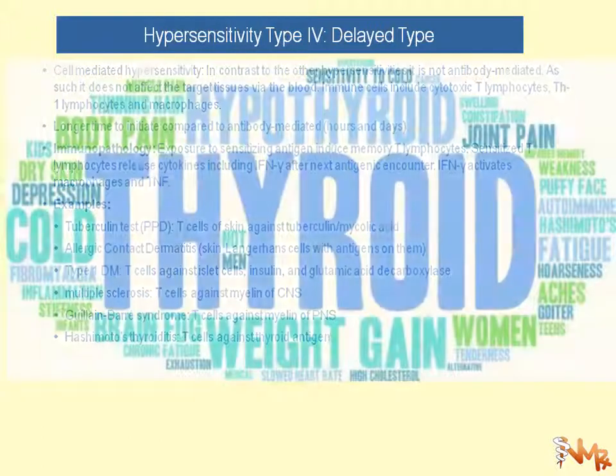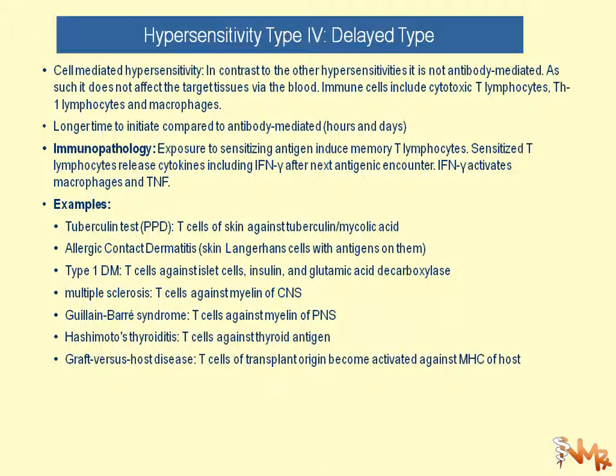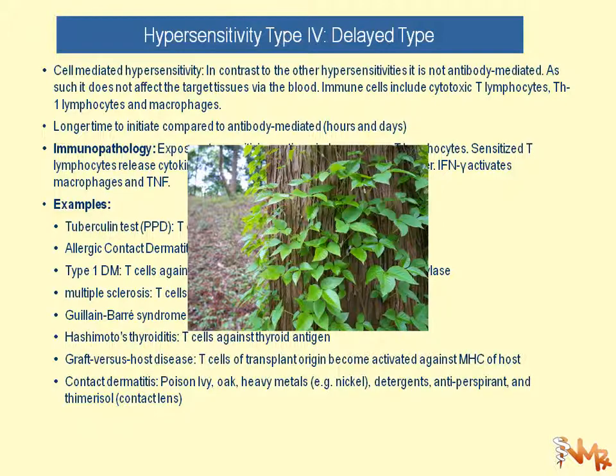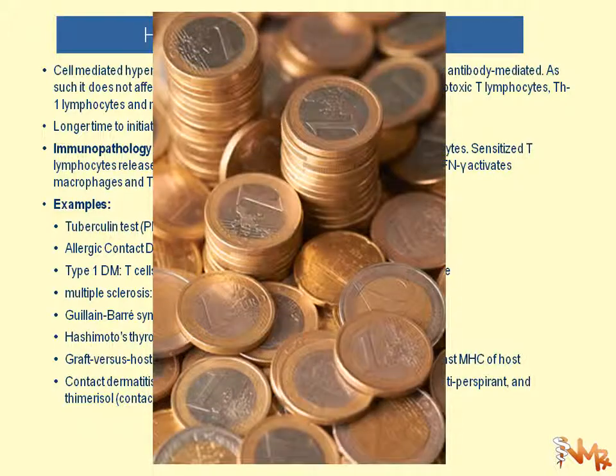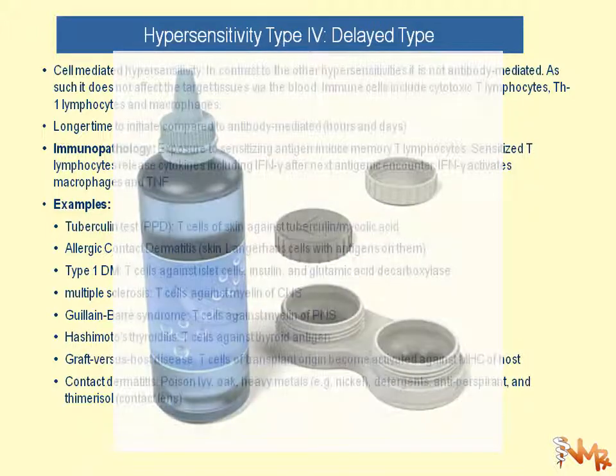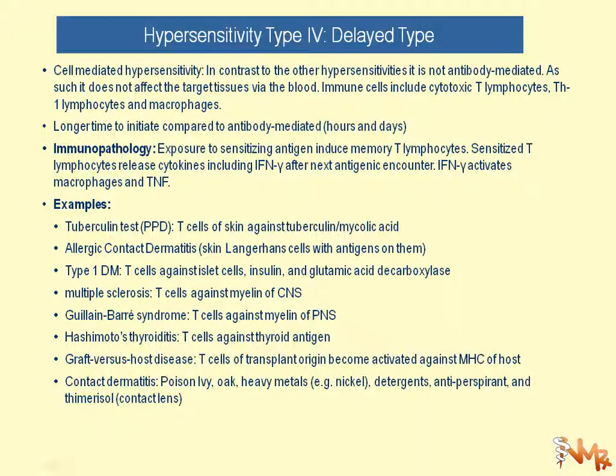In Hashimoto thyroiditis, T cells react against thyroid antigens. In graft versus host disease, T cells of transplant origin become activated against major histocompatibility complexes of the host. In contact dermatitis, such as poison ivy, oak, heavy metals such as nickel, detergents, antiperspirants, and thimerosal that we use for contact lens. And finally, in rheumatoid arthritis, the T cells react against synovial joint membrane and possibly type 2 collagen.